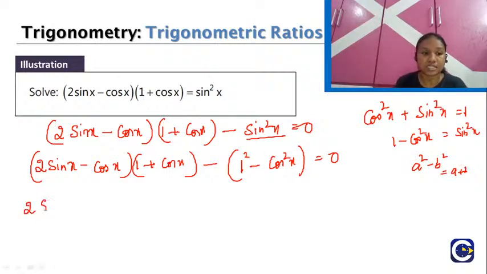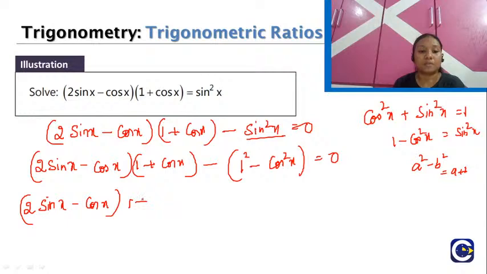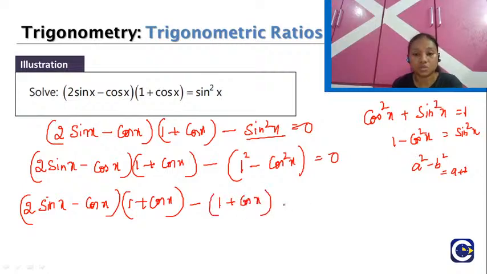So now we'll just expand that. So 2 sin x minus cos x into 1 plus cos x, minus, here it will be a plus b into a minus b, isn't it, according to our formula. So it will be 1 plus cos x into 1 minus cos x equal to 0.